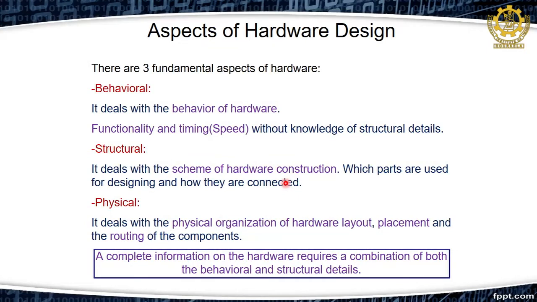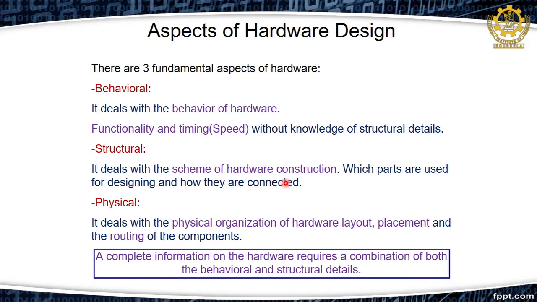Okay. So, the summary of this slide is that complete information on the hardware requires a combination of both the behavioral and structural details. When a behavioral person is designing a system or working on a particular specification, he is targeting the functionality, timing or speed of the system.